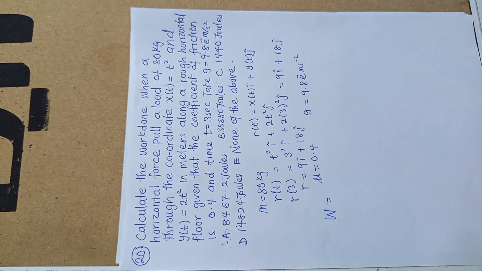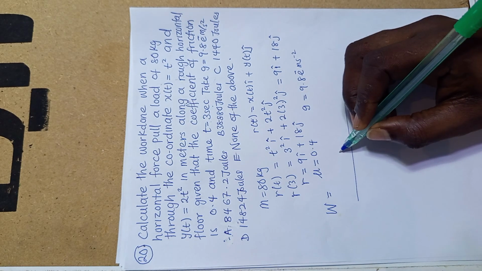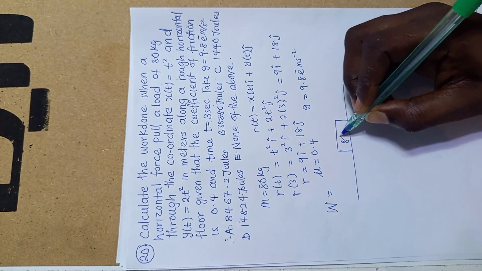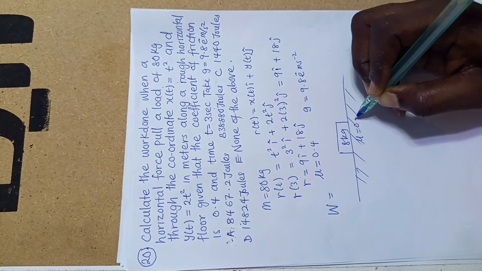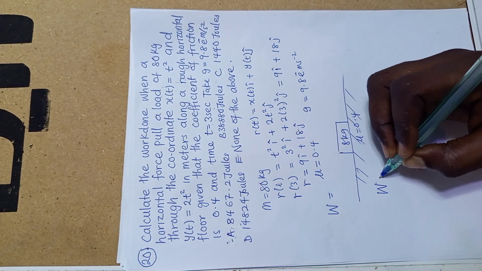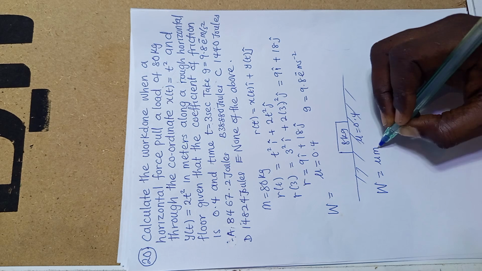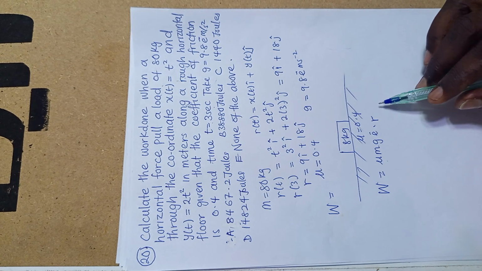So what I want to do now is calculate the work done on a rough horizontal surface with mass 80 kg and coefficient of friction 0.4. Work done is equal to mu m g dot r, this frictional force dot r.